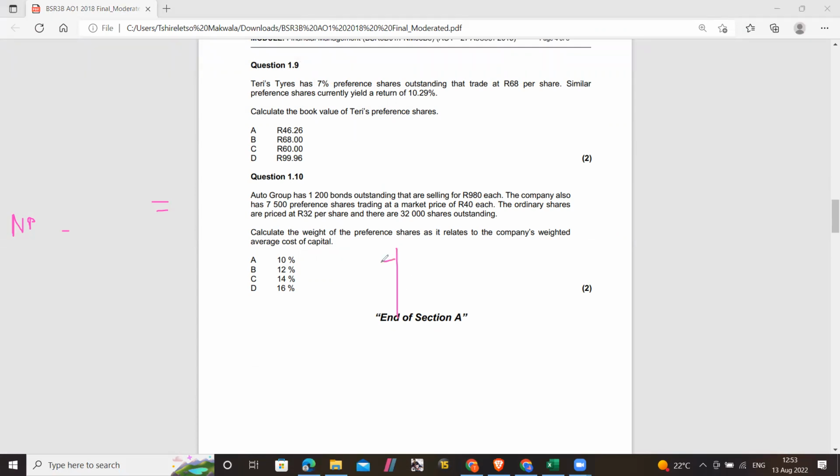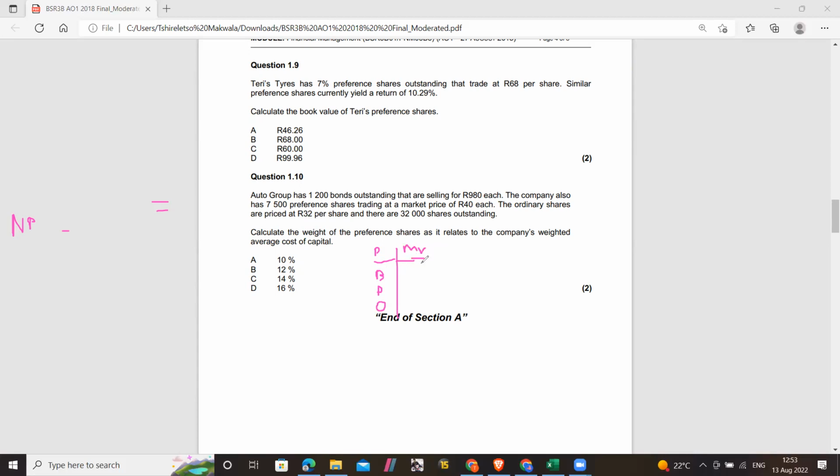So here you have your permanent sources of finance. We started with bonds. So bonds are just liability. So we have your bonds, we have your preference shares, and then we have your ordinary shares. Now, what do we want? We want the market value for each at this point.